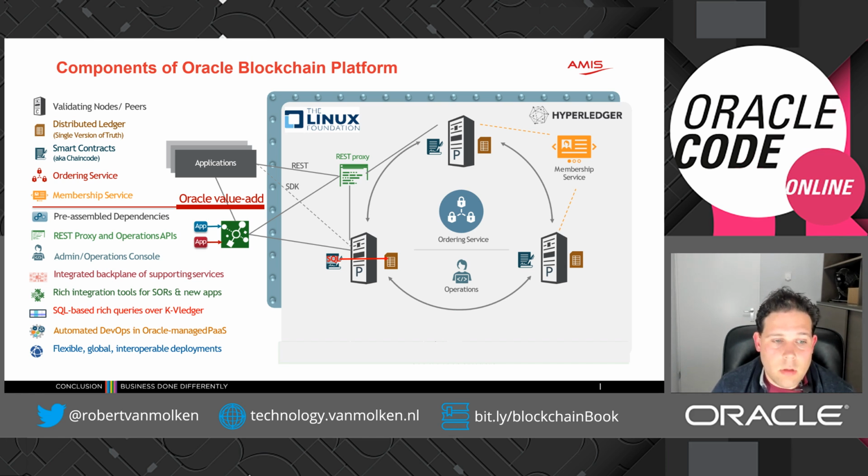It integrates very well with other SaaS applications and on-premise solutions based on connectors Oracle provides. It can do rich integration by offloading ledger data to a data warehouse, and it also provides SQL-based rich queries in the ledger itself, in the key value ledger.